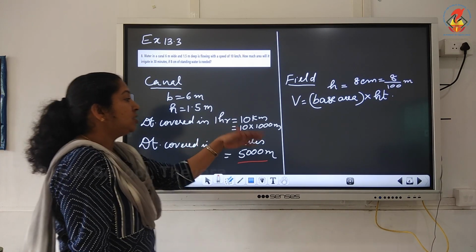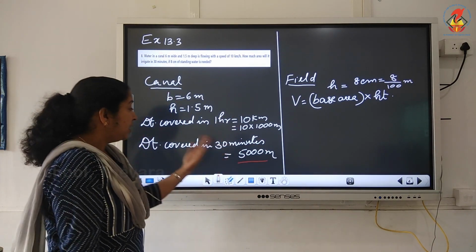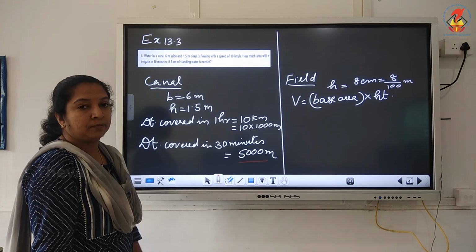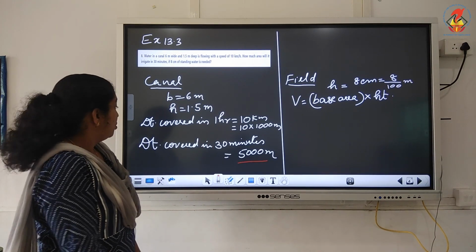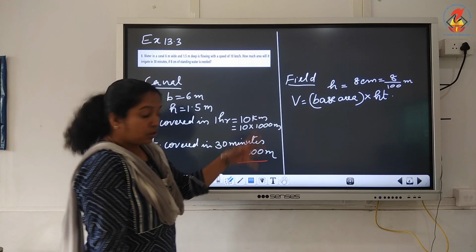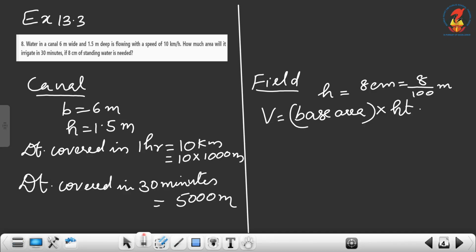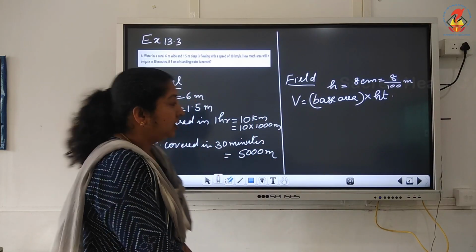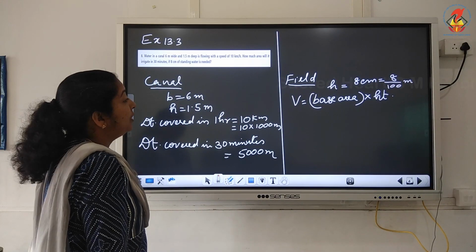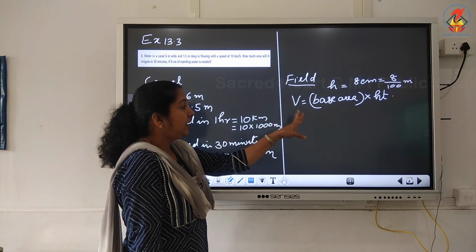It is 10 kilometers, so converting to meter, then half of that, that is 5,000 meter. And what about the field? Height is given as 8 centimeter, that means 8 by 100. What we have to find is how much area will be irrigated.